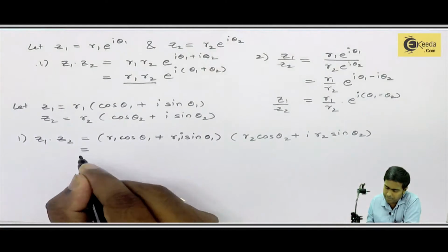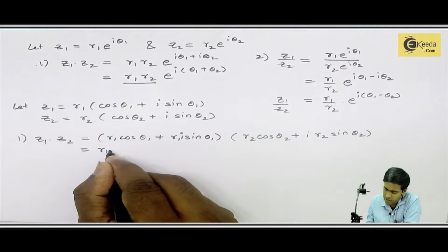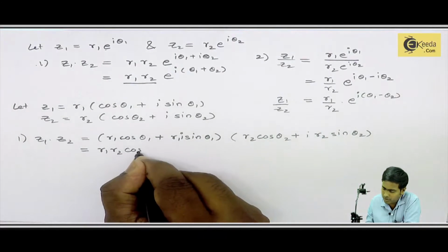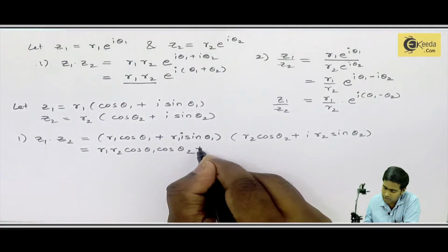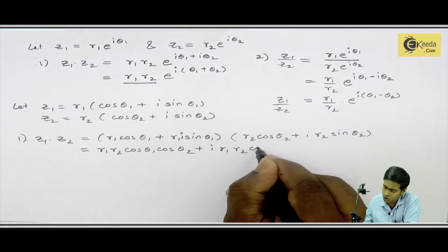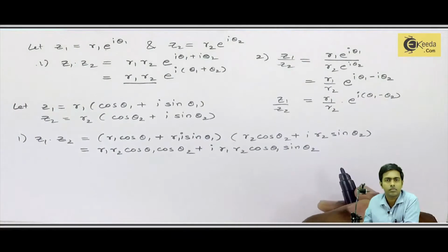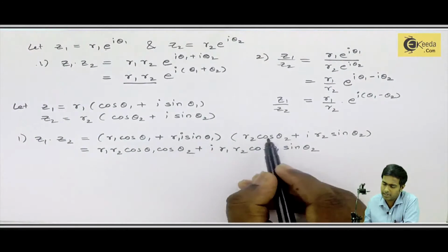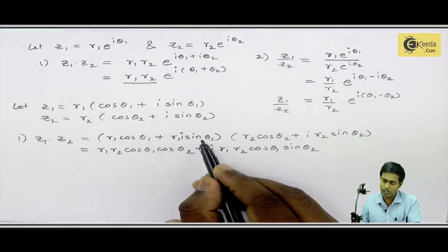So it will give me r1 cos theta 1 into the second bracket, which is r1 r2 cos theta 1 cos theta 2, plus i r1 r2 cos theta 1 sin theta 2. I will again multiply the second bracket with the second term, that is i r1 sin theta 1.